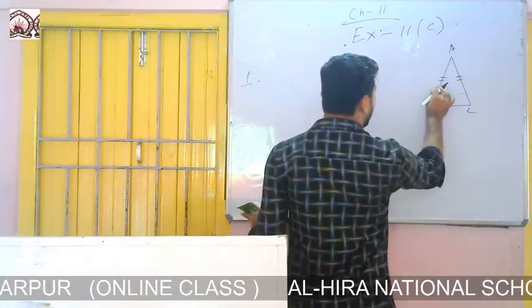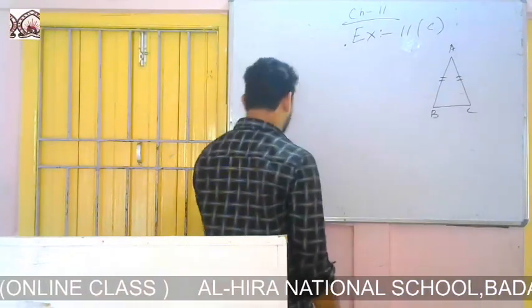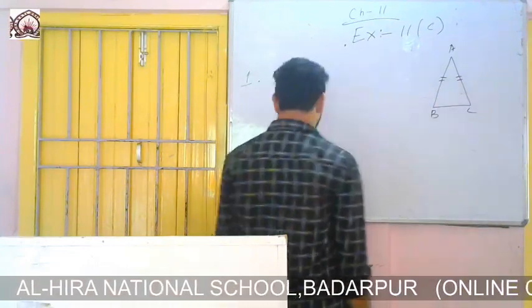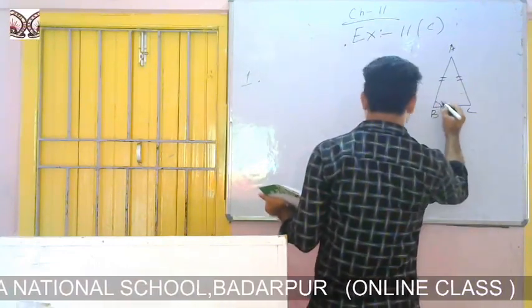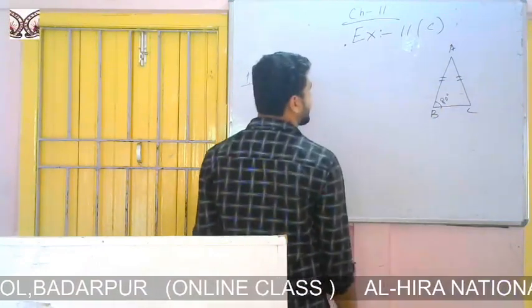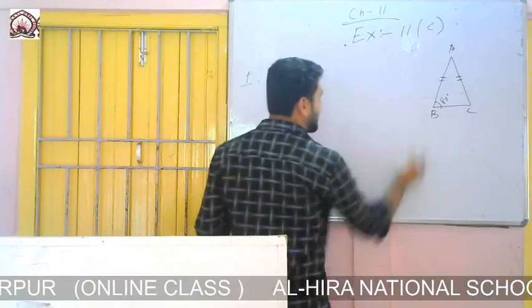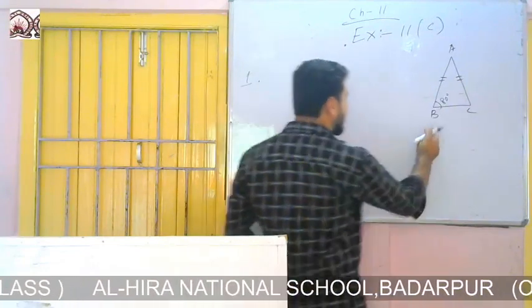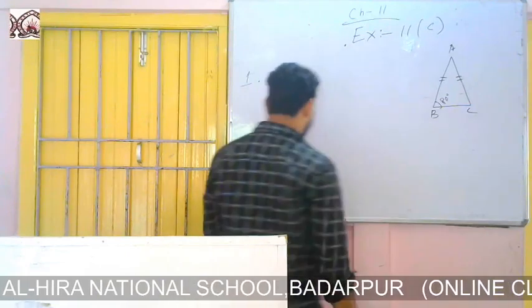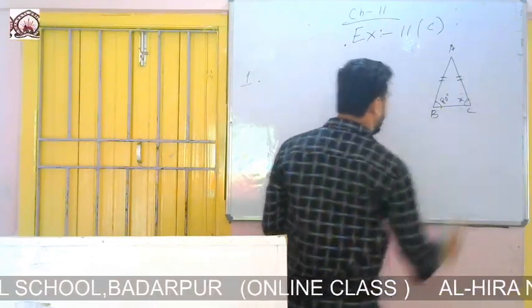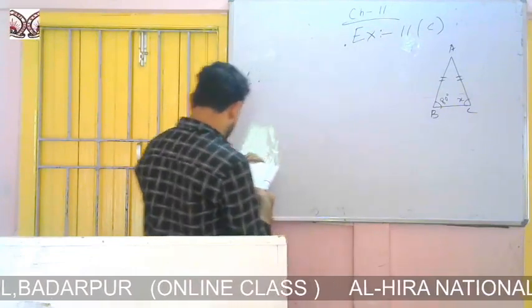This means that this side and this side are equal. If these two sides are equal, angle B equals 80 degree. If these two sides are equal, then their opposite angles are also equal. So I can write angle B equals angle C. And here we have to find angle X.